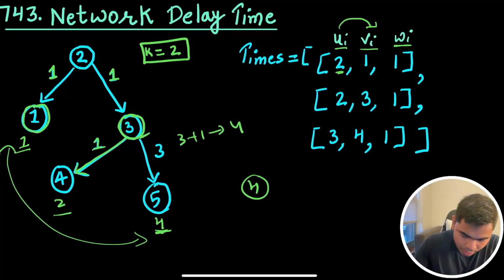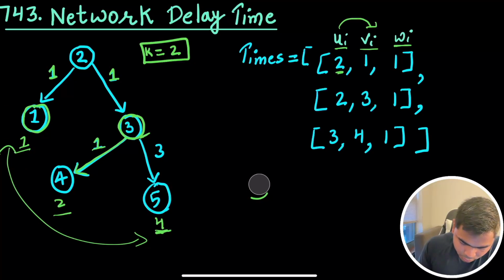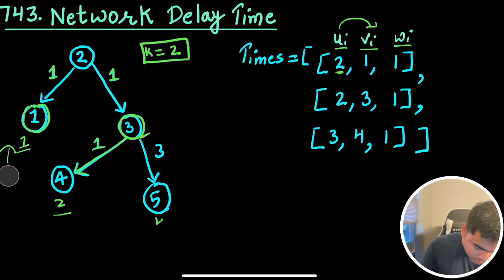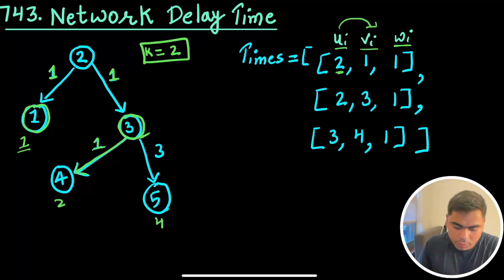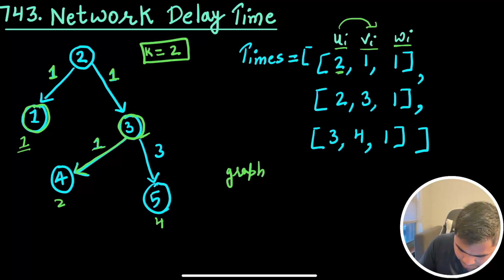So how are we actually going to use that Dijkstra algorithm? We will be basically having a min-heap. I'm just going to quickly tell you what we will be doing. First, we will be creating a graph, which will be a dictionary or adjacency list that will have all the nodes.